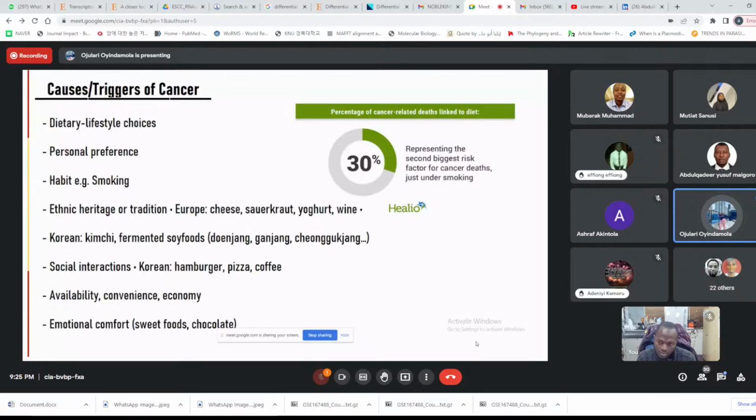Now, knowing what we know, like I said earlier, how do we identify the cause, the trigger of this irregular cell growth in our body? The first thing I'd like us to look into is our dietary pattern, our lifestyle choices.